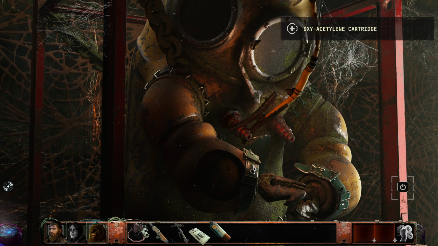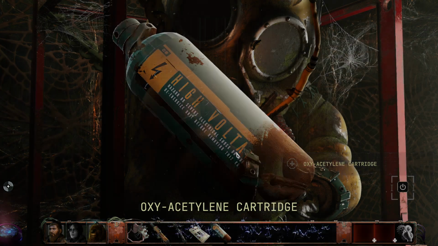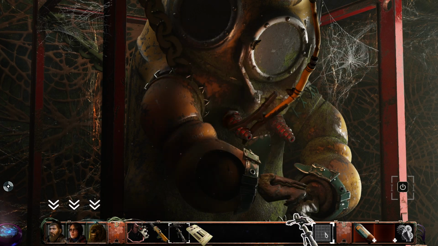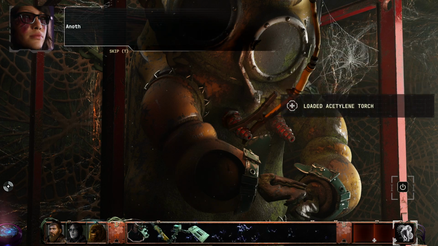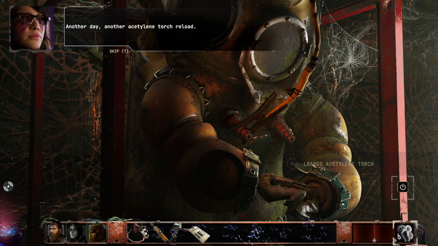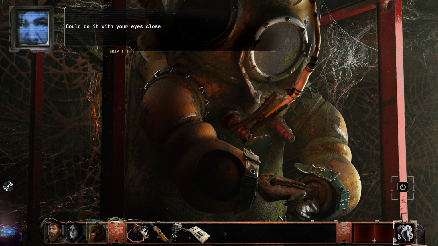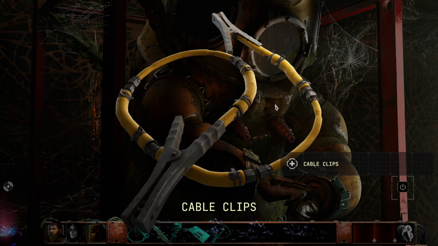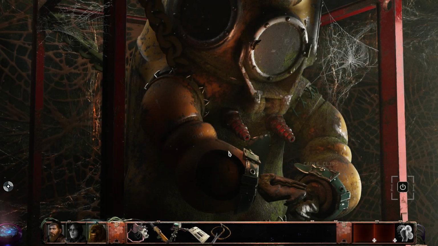What have you here? Oh, nice. Fuel for the torch. Another day, another acetylene torch reload. Could do it with your eyes closed. Okay, what is this? Just some cable clips. Alright.